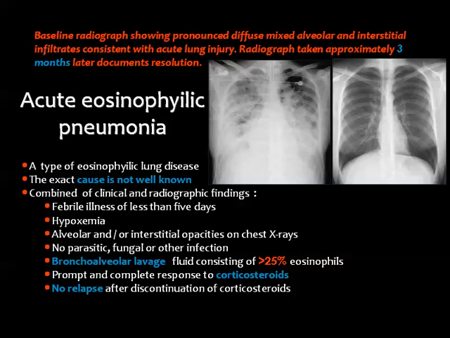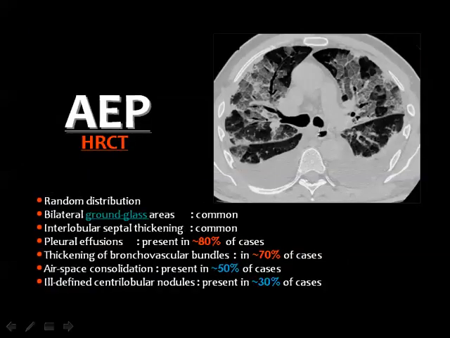And this is one of the basic criteria that should change your mind that this is not the usual type of pneumonia. Then you have two ways to reach the diagnosis. Either you see eosinophilia in the peripheral blood count, or you see eosinophilia in a bronchoalveolar lavage. This is diagnostic. Then you give corticosteroids, and there is a marvelous response to corticosteroids.